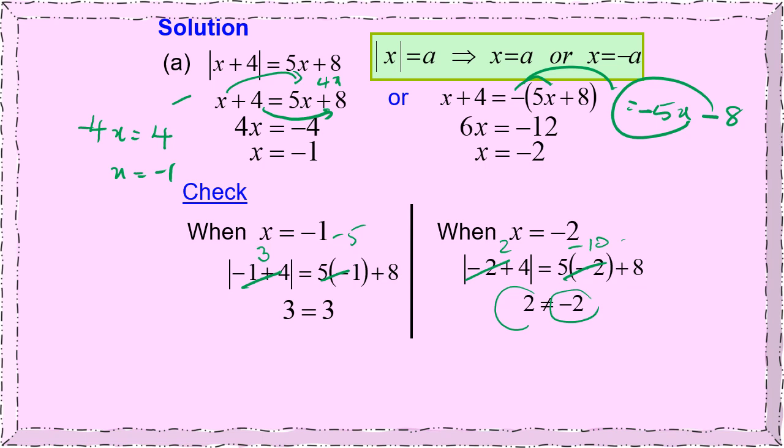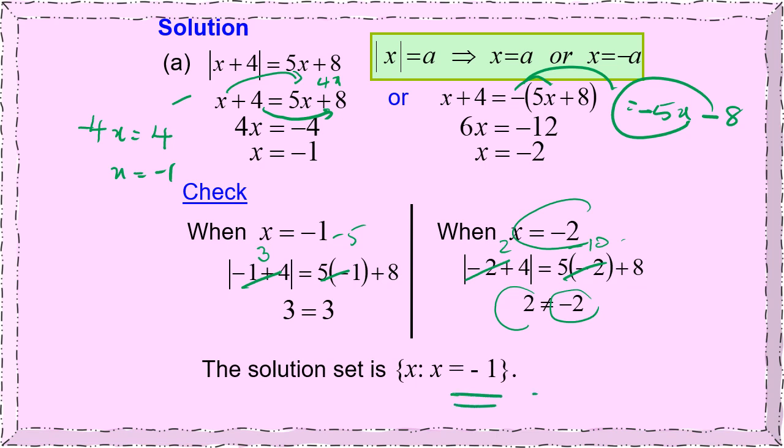It's not the same value. So can we accept x equal to -2 as the answer? No. The final answer should be only x equal to -1. So always remember, for the absolute equation, you have to check every time you find the answers.